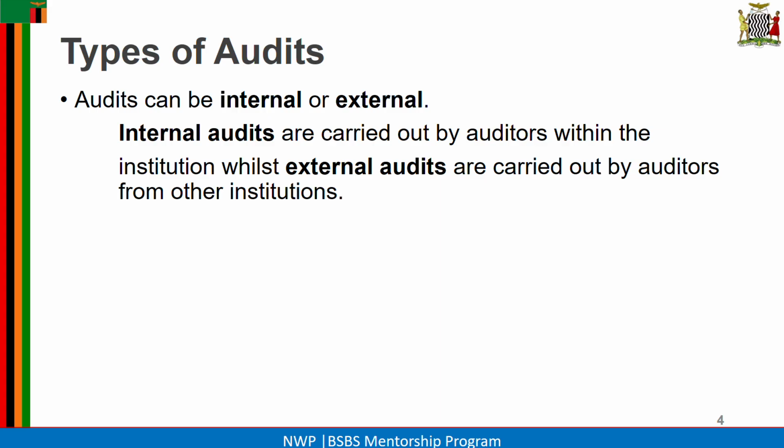There are two types of audits. There's what we call an internal audit and an external audit. Internal audits are carried out by auditors within the institution, while external audits are carried out by auditors from other institutions. During an internal audit, you conduct the audit within your organization or within the laboratory.